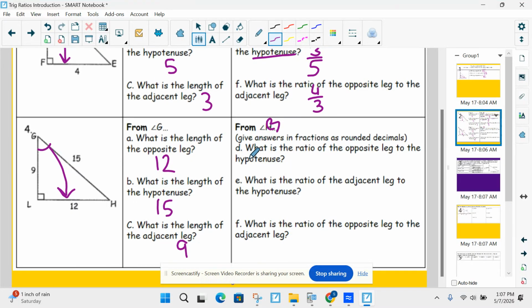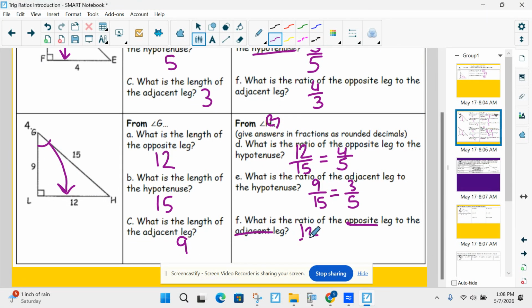Opposite to hypotenuse is 12 over 15, which is 4/5. Adjacent to hypotenuse is 9 over 15, which is 3/5. And the opposite to the adjacent would be 12 divided by 9, and 12 over 9 is 4/3.